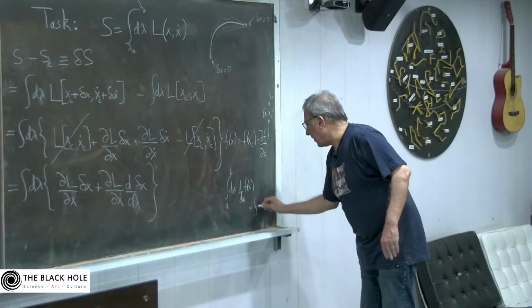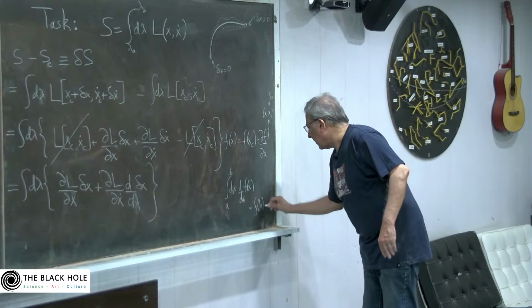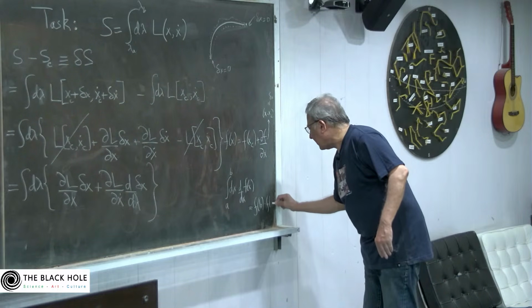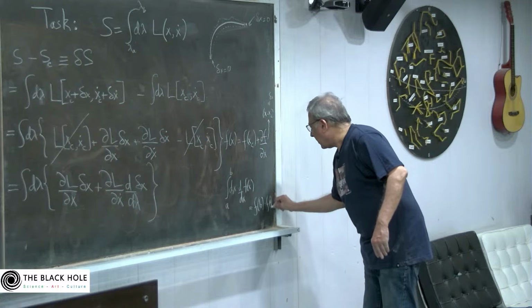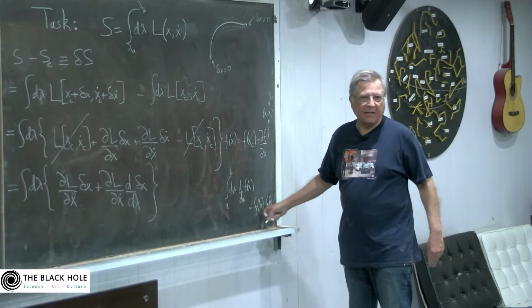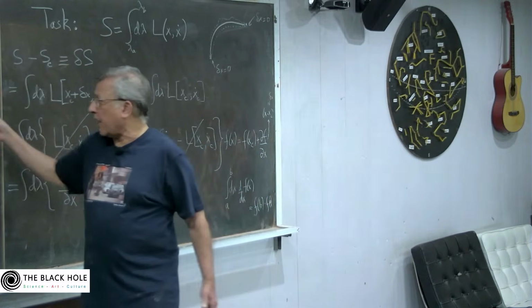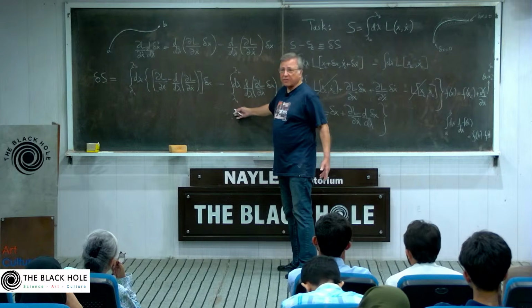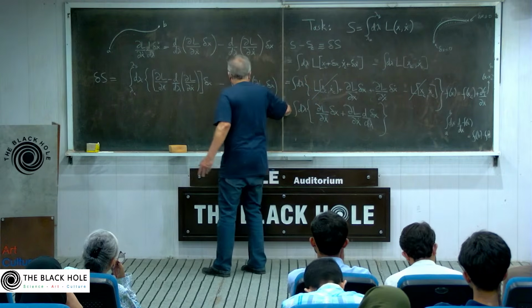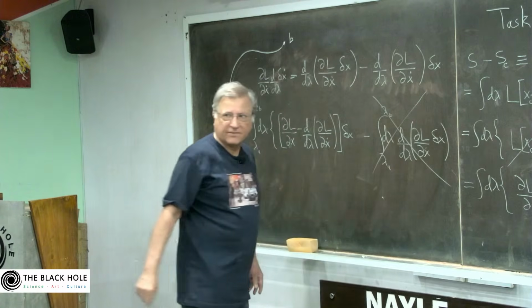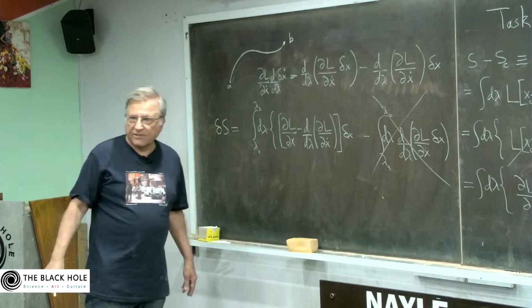F of b minus f of a. So the value of the function at the top minus the value of the function at the bottom, but delta x is 0 at the top, delta x is 0 at the bottom, and so done with this. That is 0.